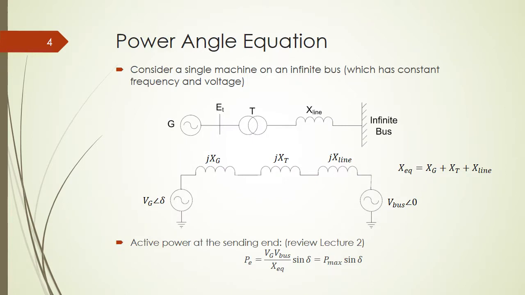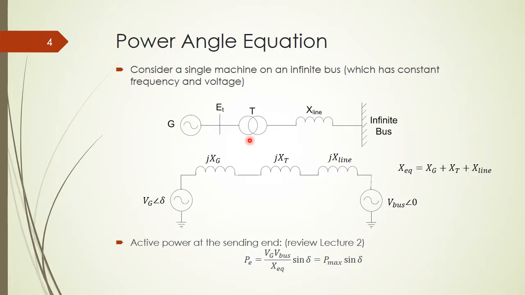Next, we look at a single machine on an infinite bus. This infinite bus is the one that has constant frequency and voltage, regardless of the condition of the transmission line. So in this case, we can rewrite the schematic as this one in PU expression.